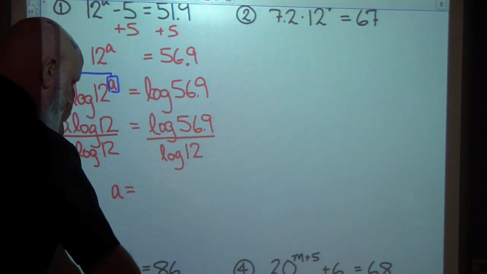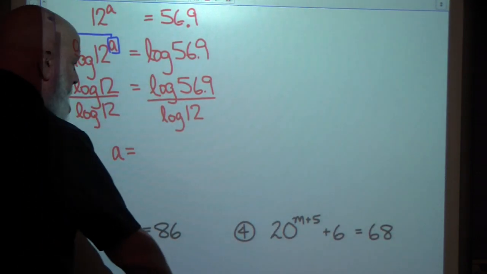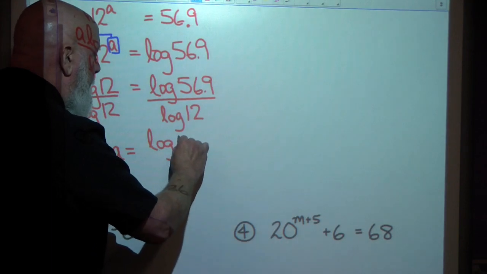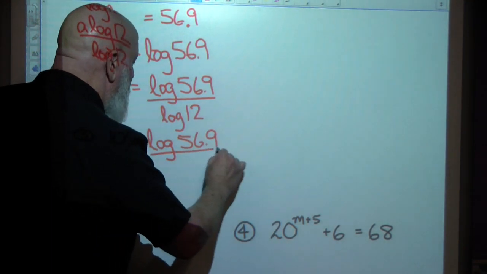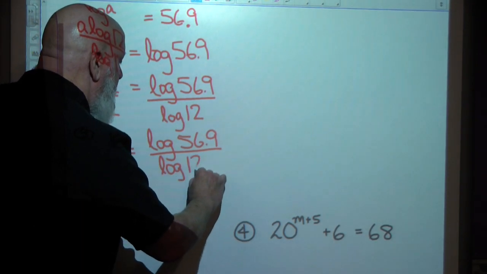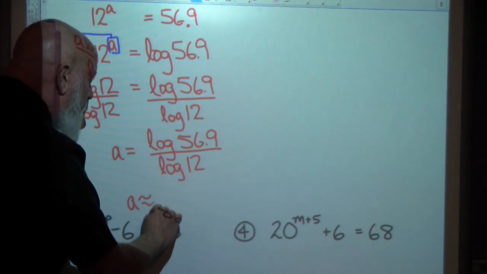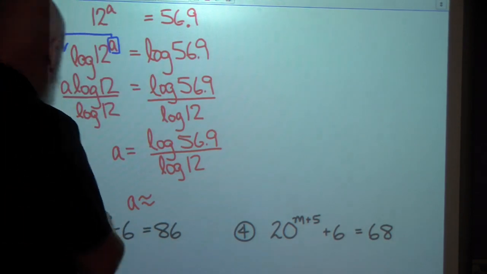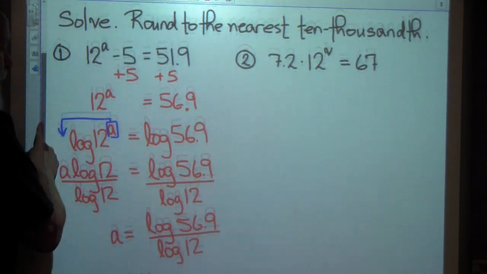Whoops. That. I'm going to rewrite that. And now I can enter that into my calculator and round it to the 4th decimal place. That's the 10,000th position, which is what they asked us to do in the instruction. We're going to round to the nearest 10,000.